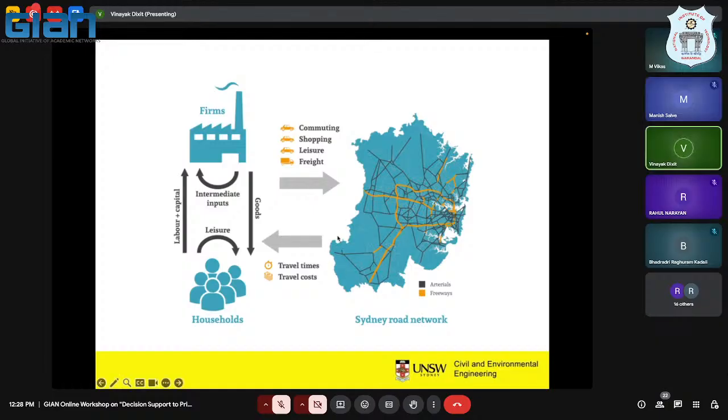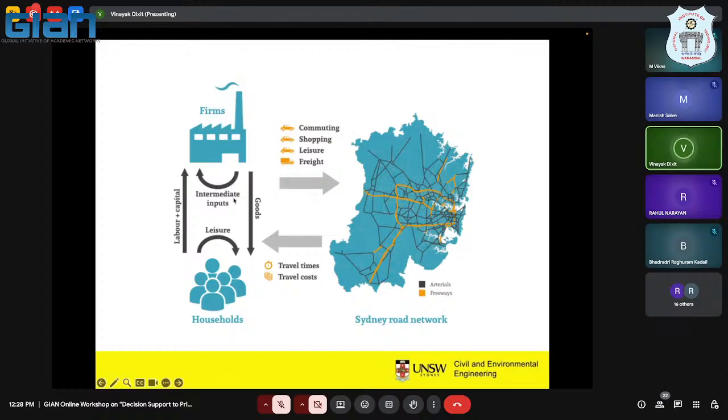So that's what we had to build a Sydney network for. You have firms and households in the CGE model, and then you have the transport network model. The transport network provides the travel time and travel cost, and the firms determine how much commuting, shopping, leisure, freight is happening on this.